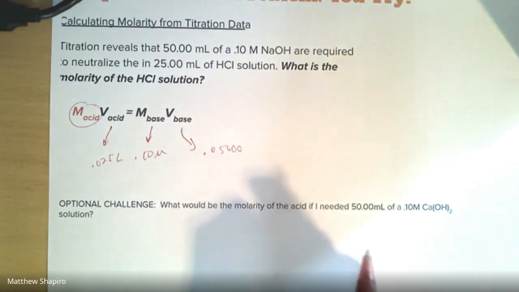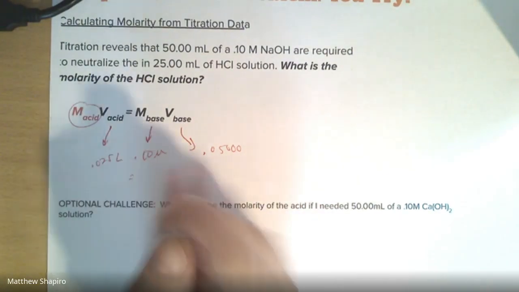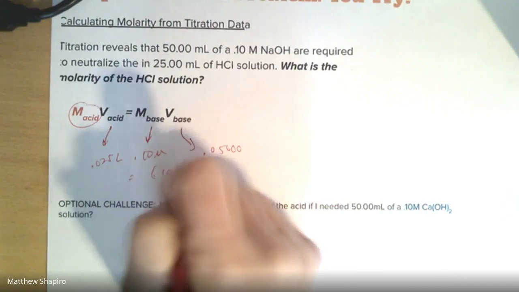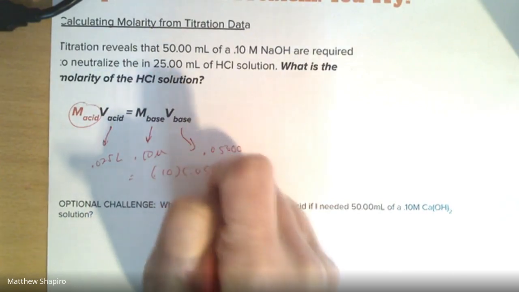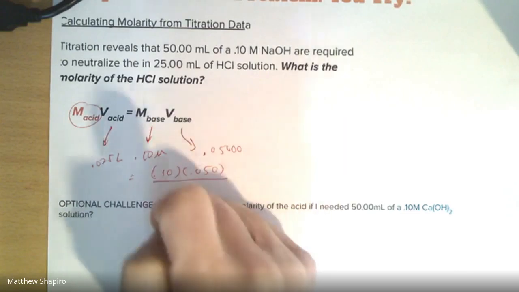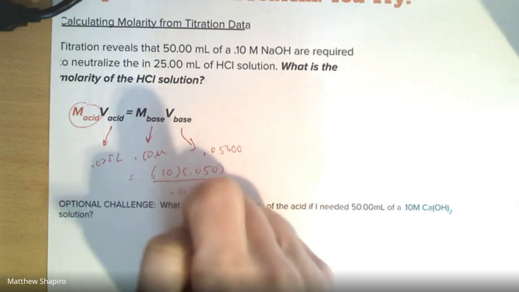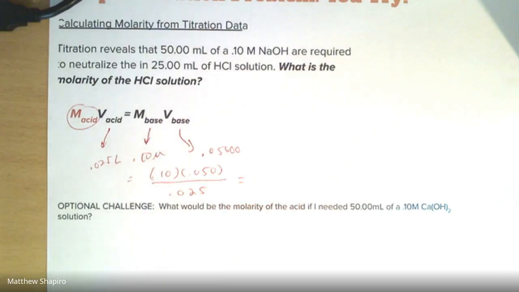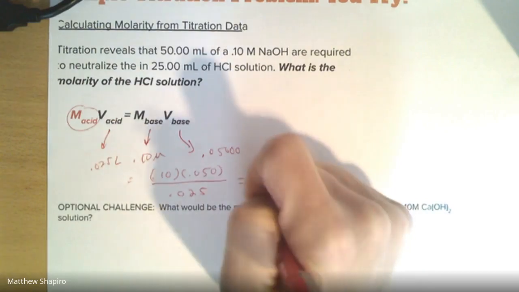So if we do this all out, we get 0.10 times 0.050. I'm just being quicker with the sig figs since we don't need that many anyway. So you actually could probably figure out what this is going to be just based on these numbers, but I'll run through the calculation. So 0.1 times 0.05 divided by 0.025 equals 0.2 molar.